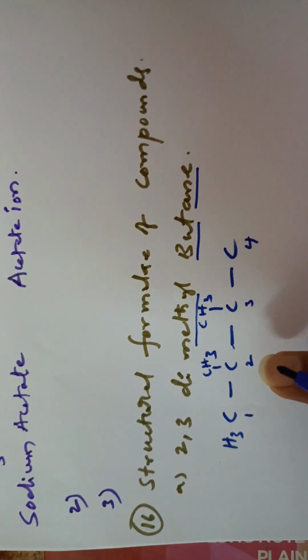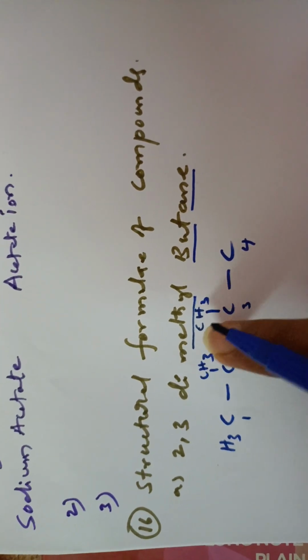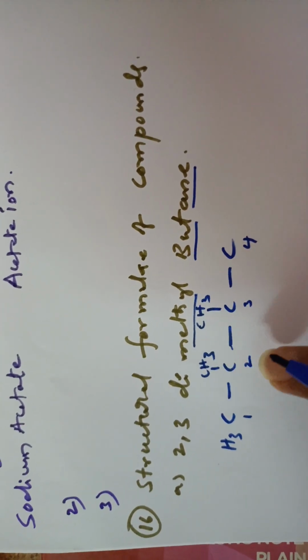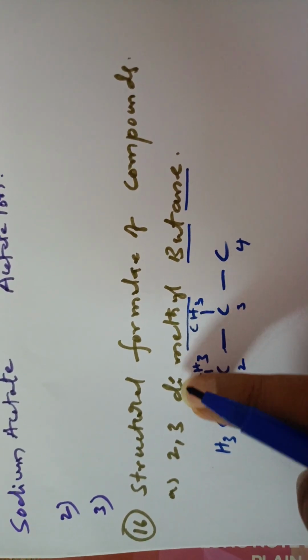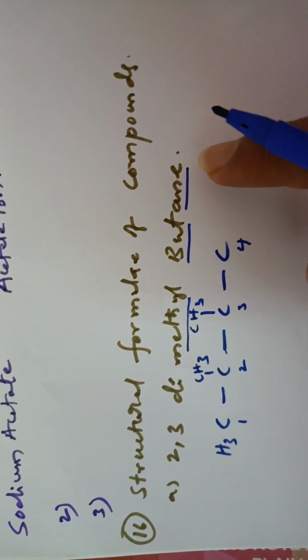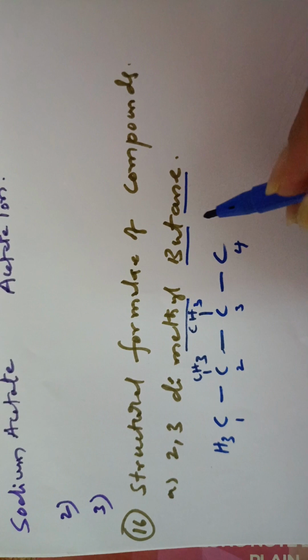So at second carbon CH3 and third carbon CH3. CH3 means methyl. So 2,3 di means 2 methyl groups. Butane means all are single bonds. Ane means all are single bonds.